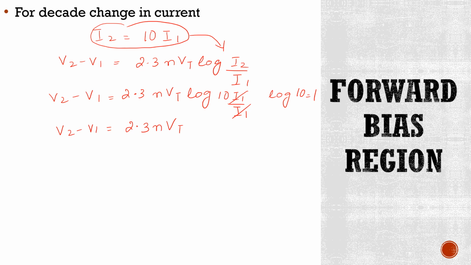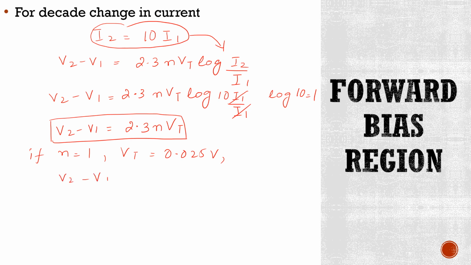Okay. Now if n is 1 and we know that VT is 0.025 volts, then V2 minus V1 is equal to 2.3 multiplied by 1 multiplied by 0.025.